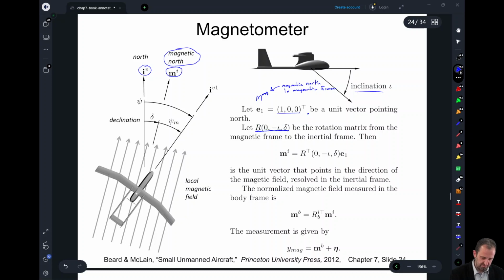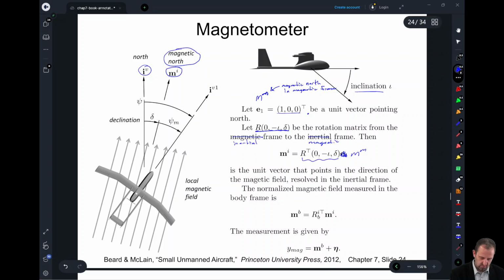We have from the inertial to the magnetic. Then we can cross this off and say this is M in our magnetic frame. So then we have all of the notation that we're familiar with.